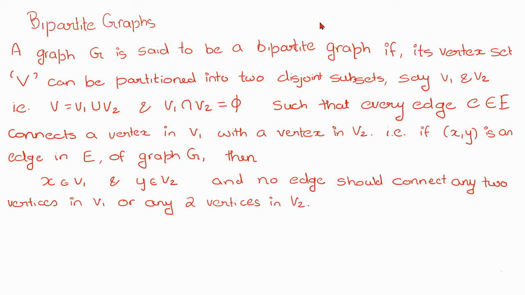Now there exists another concept, bipartite graphs. Bipartite. As the name suggests, what is the meaning of bi? Bi means two, and partite refers to partition.